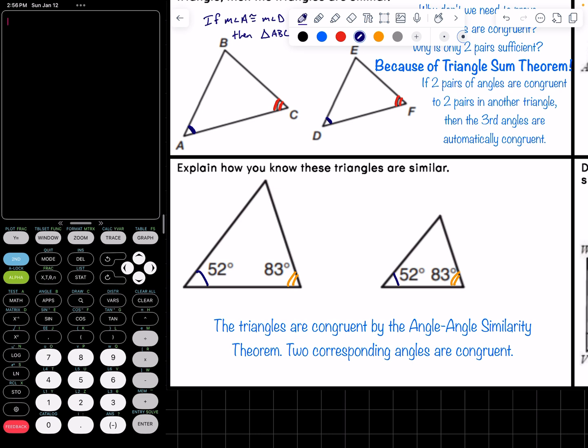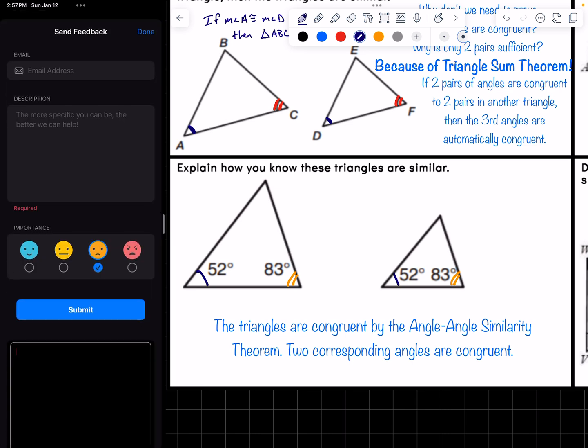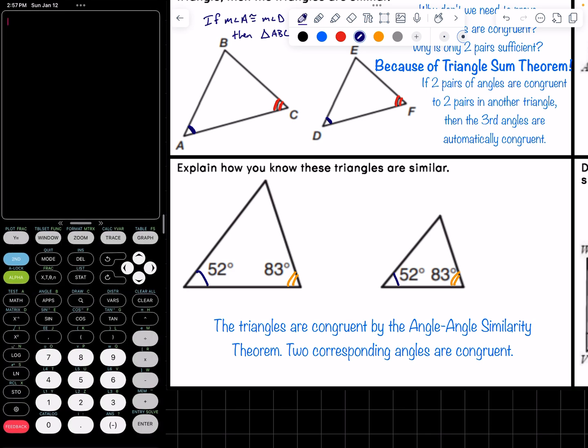And we only need two because the triangle sum theorem says that 180 minus 52 minus 83 is going to be 45 no matter which one we're looking at. So that has to be 45 no matter what.